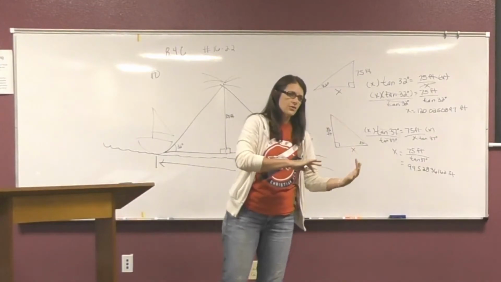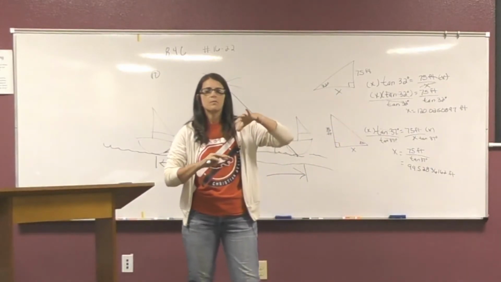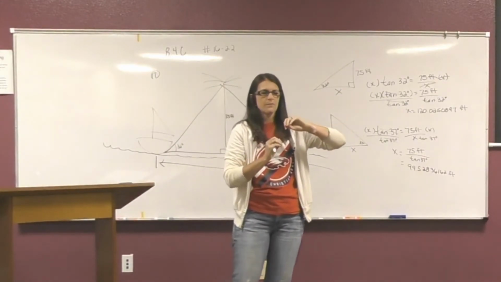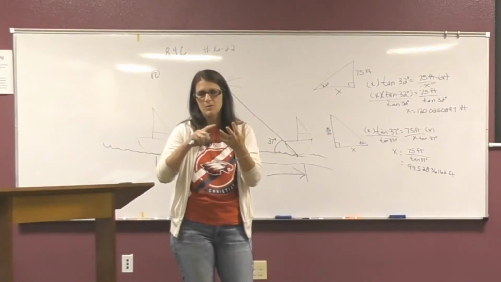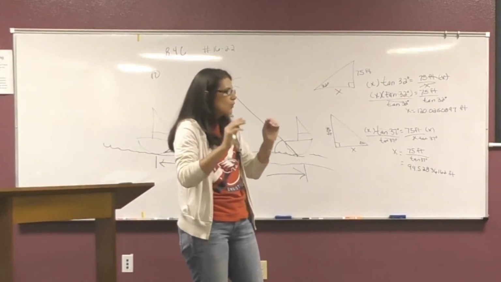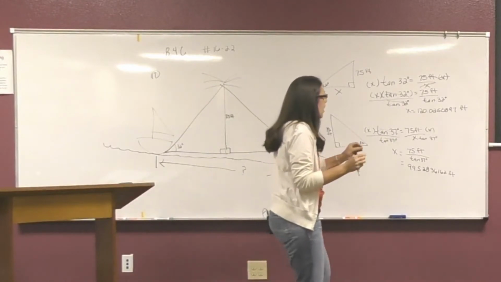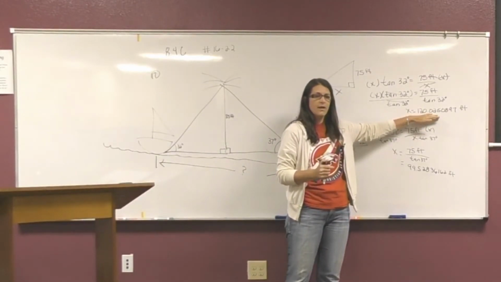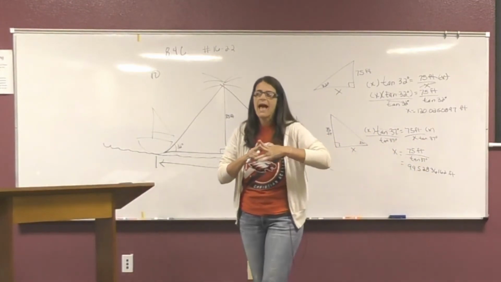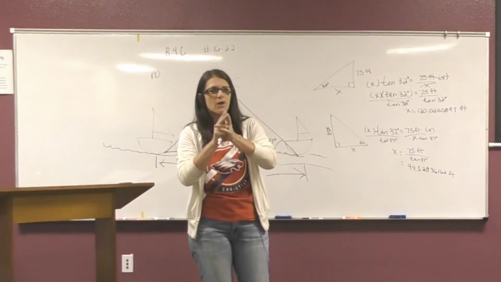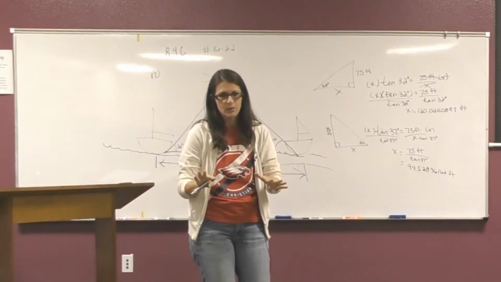I told you yesterday, when you're dealing with several numbers that you're going to have to do something with, whether you're adding, subtracting, dividing, or multiplying them, you don't round until you're completely done. I'm not going to round this number and round this number and then add them, because my answer is not going to be as accurate. So we do not round until we are done doing all the math that we're going to do.